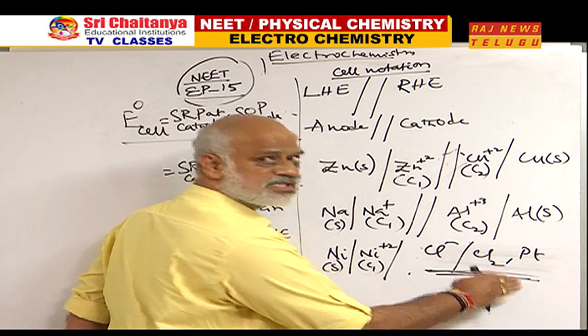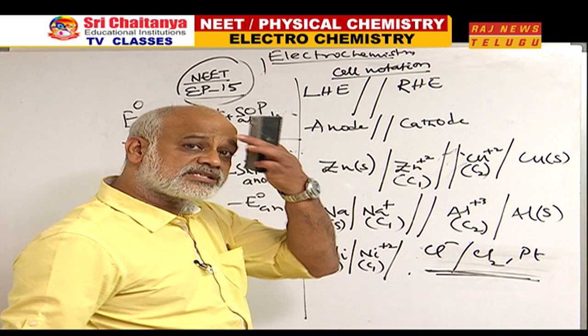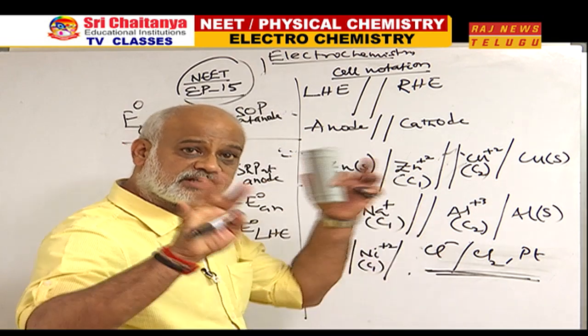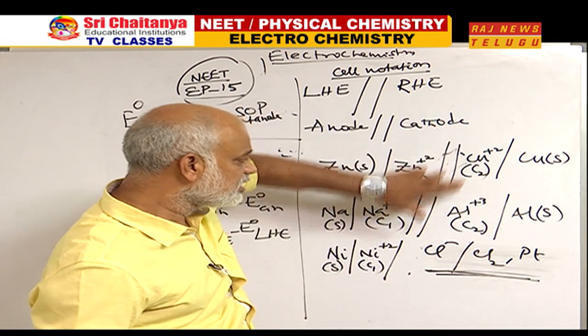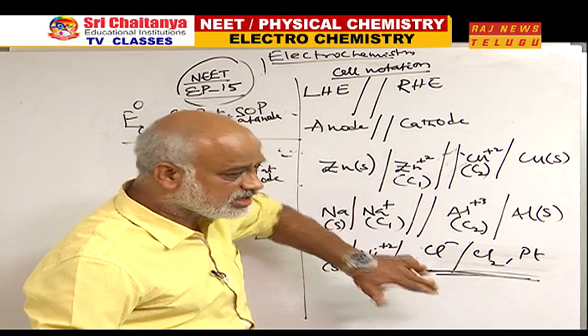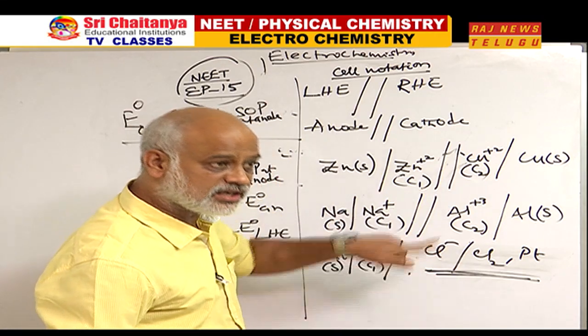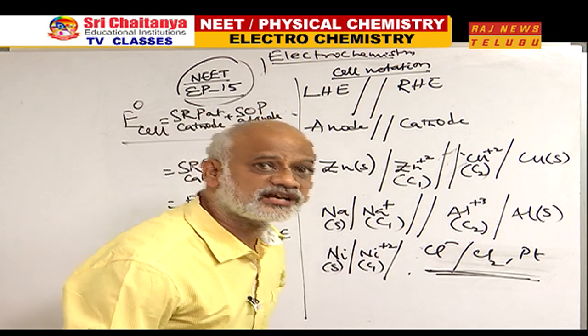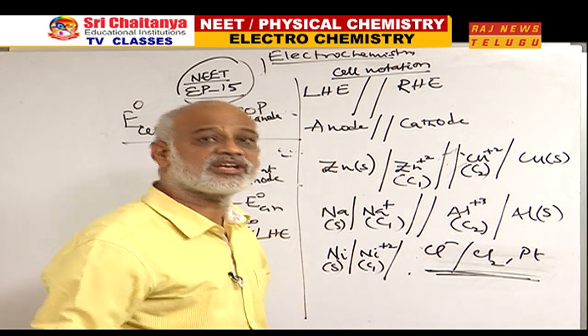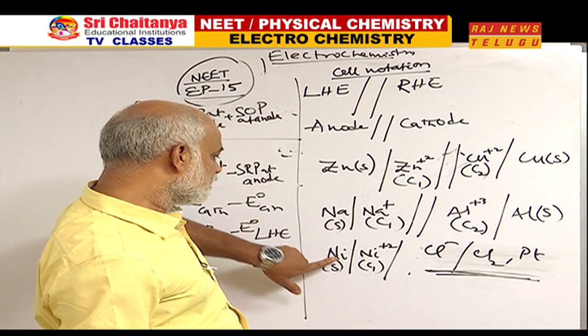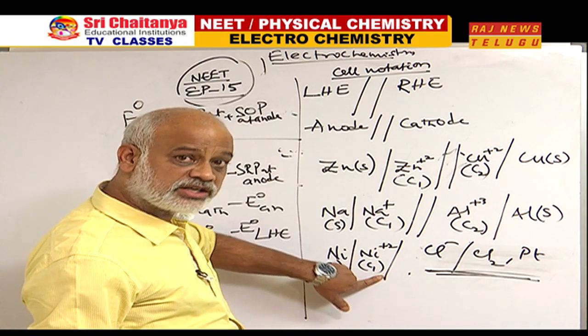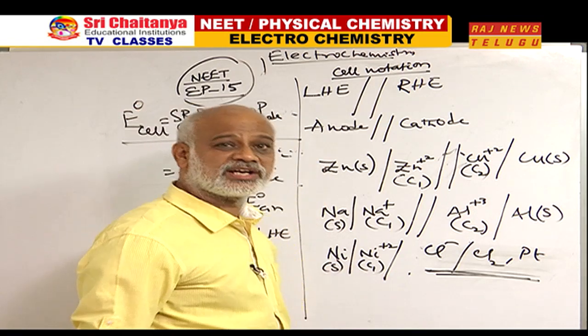I wrote Cl minus Cl2. Writing Cl minus Cl2 should not confuse you. Like here reduction, here also reduction. It looks like oxidation, but you should think that Cl2 only gets reduced to Cl minus. So, nickel oxidizes to nickel ion, chlorine reduces to chloride ion.